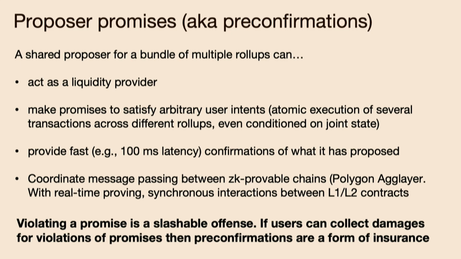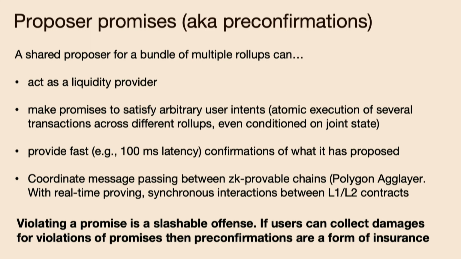They can also provide very fast confirmations of what it has proposed, even with 100 milliseconds latency or less, even though it takes much longer for Ethereum to finalize what happened. There is some risk that this preconfirmation will eventually be reversed, but again, it can act like an insurance policy that the proposer gives to a user, which can be checked in a very short time.